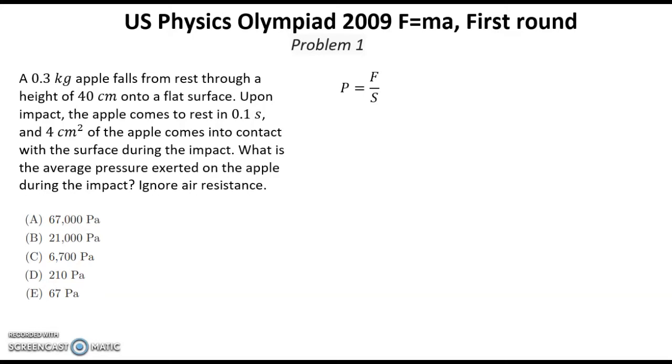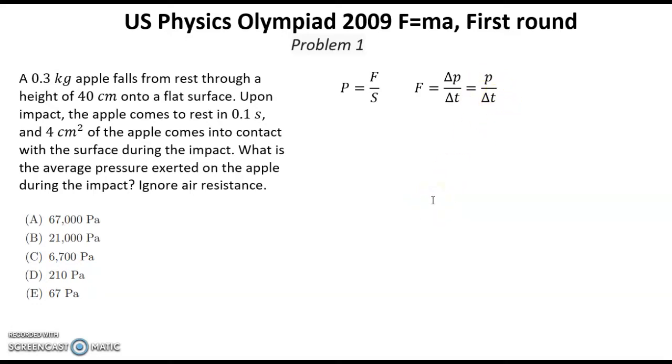In our case, that will be this formula: F equals delta P over delta T, where delta P is the change of momentum over time delta T. In our case, the change of momentum is the total momentum before collision, because the final momentum is 0. So that will be just P over dt.